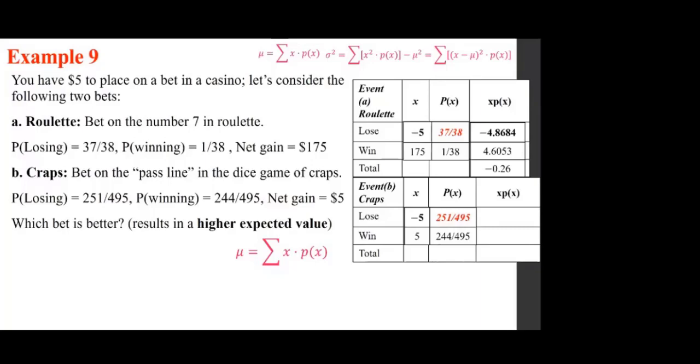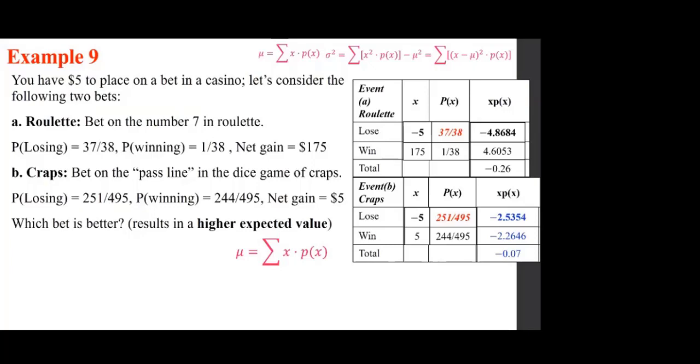We do the same thing for craps: -5 times 251 over 495, plus 5 times 244 over 495. And they add up to negative 0.07. As you can see, both of them are negative. What does it mean?